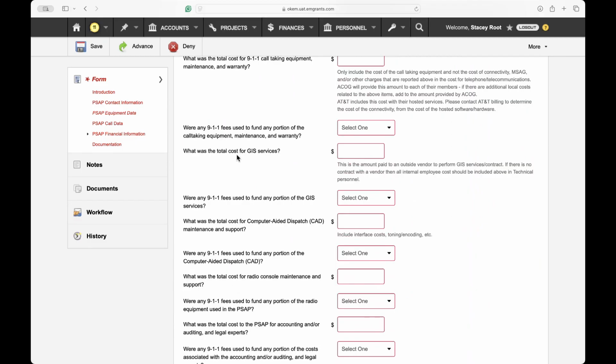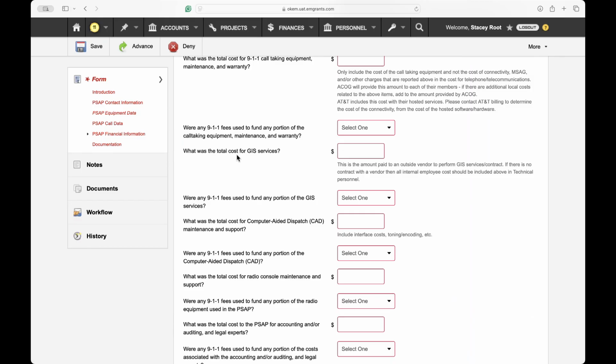Next one, what's the total cost for 911? Oh, we did that one. What's the total cost for GIS services? So there's a cost to that. I believe INCOG folks pay some money to INCOG to provide that service. In the ACOG region and in the INCOG region both, there are costs locally and there are costs that the COGs provide you.